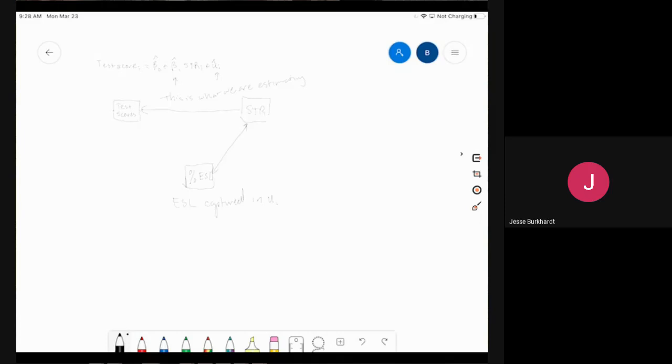So there's a correlation here. We have arrows on both sides, indicating that there's a correlation. The arrow on one side up at the top, between student-teacher ratios and test scores, indicates causation. We're going to assume that the correlation here is positive, that higher percent ESL is positively correlated with student-teacher ratios or class sizes.